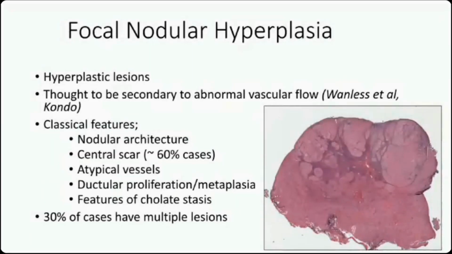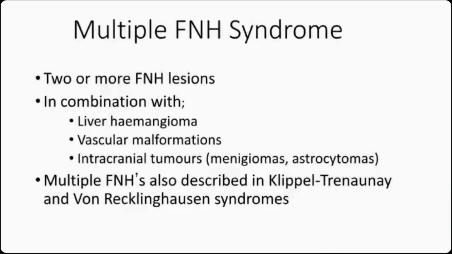And sometimes in these you can get signs of cholestasis, and that will be Mallory material, copper-associated protein deposition. They can be multiple, and they're usually associated with other vascular malformations, so things like hemangiomas or other systemic vascular malformations, and can be associated with Klippel-Trenaunay and von Recklinghausen syndromes, which also cause vascular malformations.